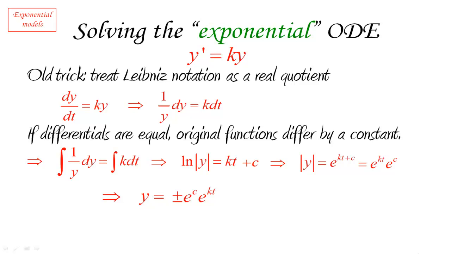But look at the original function. If y is equal to 0, that works as well. It just gives us 0 equals 0. So that means that plus or minus e to the c really can be any number whatsoever. So we might as well change it to just an arbitrary constant. Just to emphasize the fact that this new constant is not the same as the one before, we're going to write it as a capital C. Okay, but here it is. This is the formula for the solution.